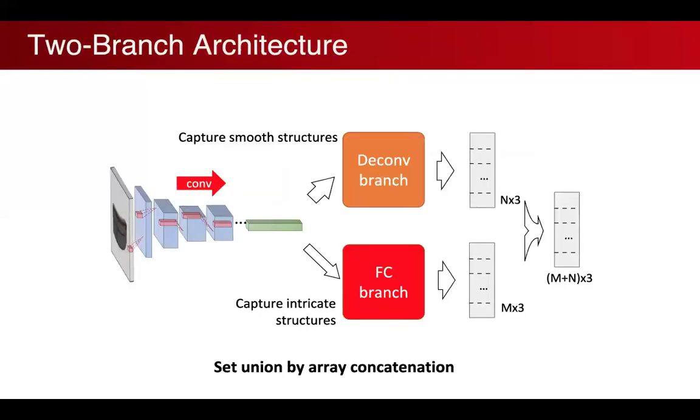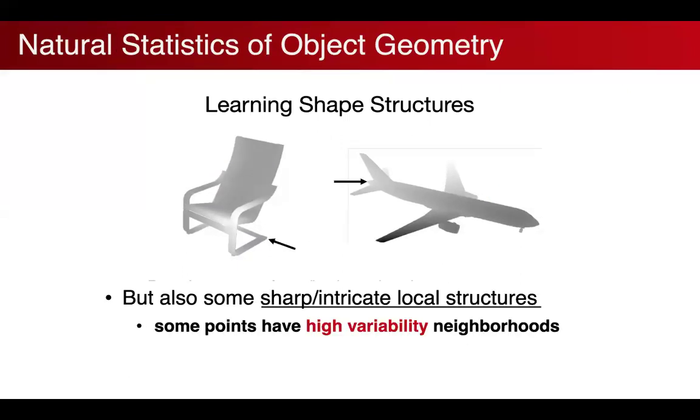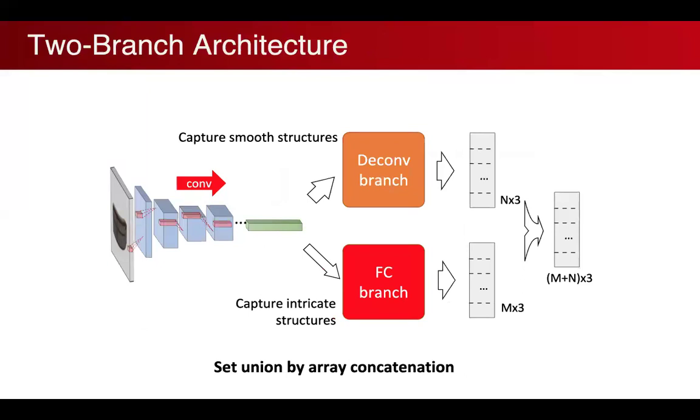And then this extension of PointNet for synthesis developed a two-branch architecture: one branch to capture the statistics of smooth structures, and another branch to capture the features of these critical points. The first one is going to be a deconvolution branch, much in the sense of the one that we saw for PointNet++ to do segmentation.